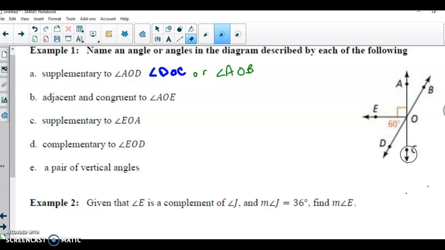All right, so where's AOE? Here's AOE. That angle is 90 degrees because it has the little square in the corner. So basically, we need to find an angle right next to it that is also 90 degrees. That would be this angle right here in green, EOC, because this would be 90 degrees as well.